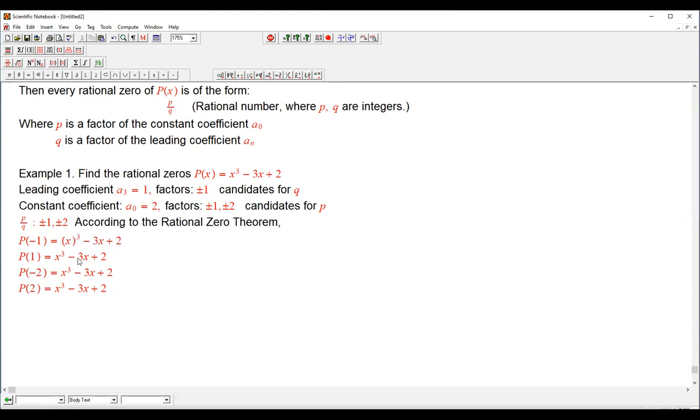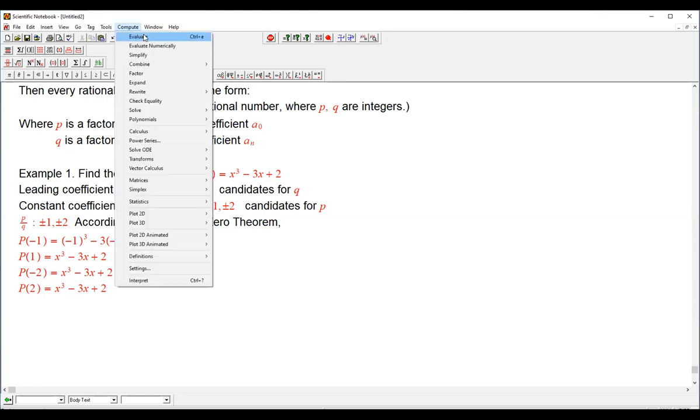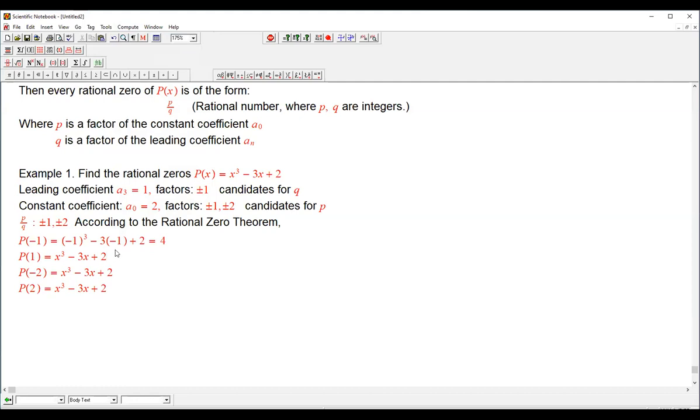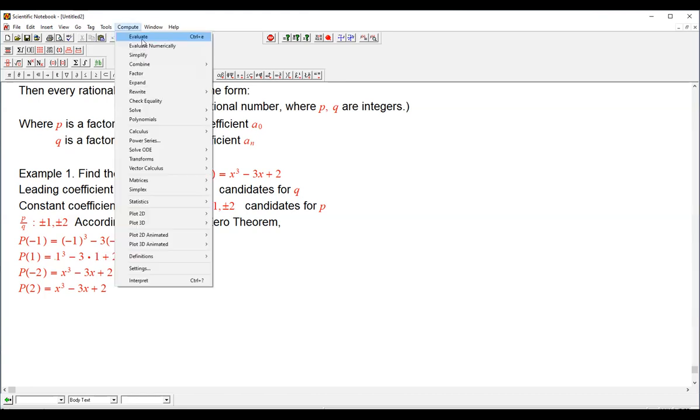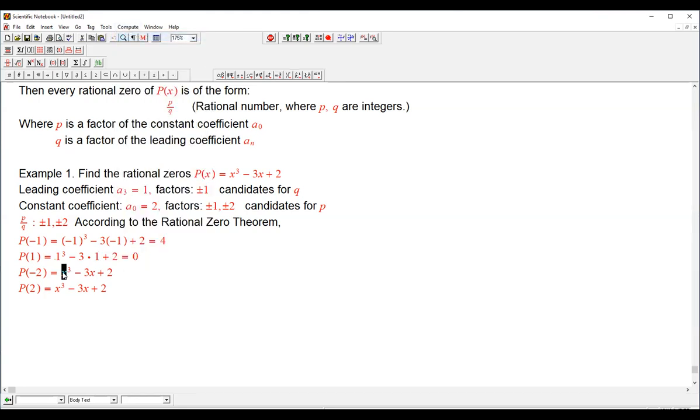Plug in negative 1, x replaced by negative 1, and we evaluate it. We got 4, that doesn't make it equal to 0. For 1, replace x by 1, and we got a 0. Yay.